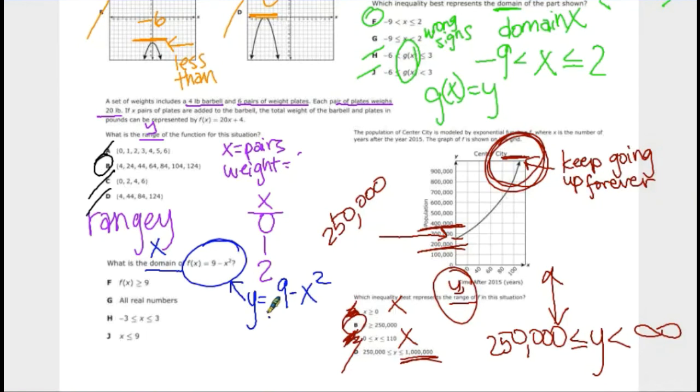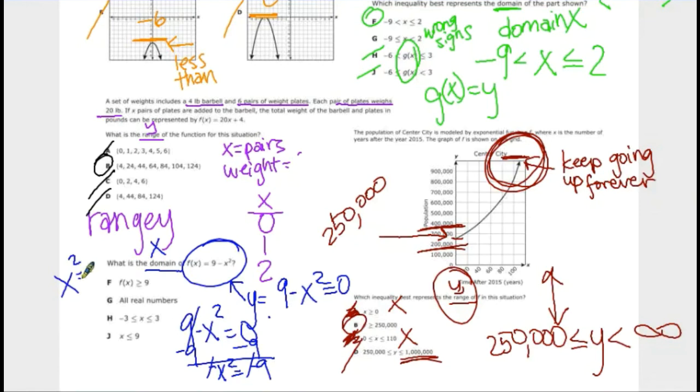So I know that if I want to find the range, then I'm going to set this equal to 0. So 9 minus x squared equals 0. We're going to subtract 9. We end up getting negative x squared equals negative 9. The negatives cancel, and you get x squared equals 9.